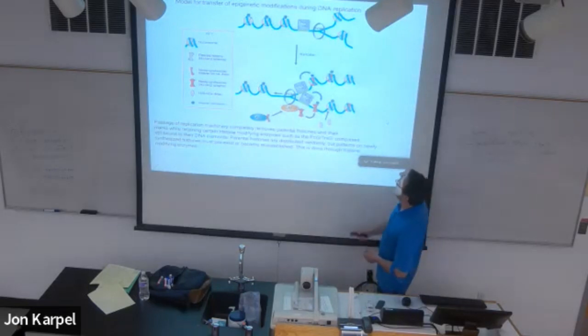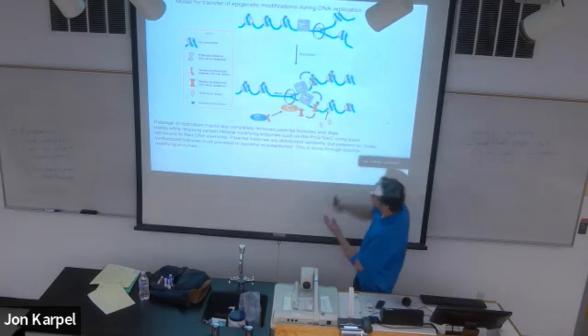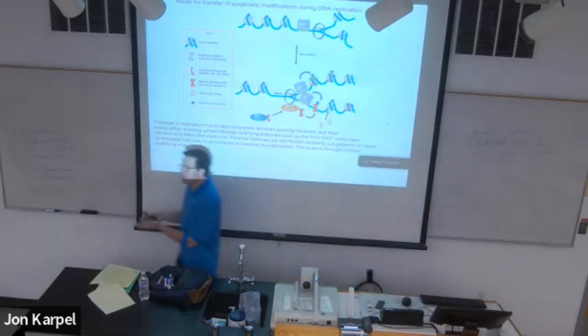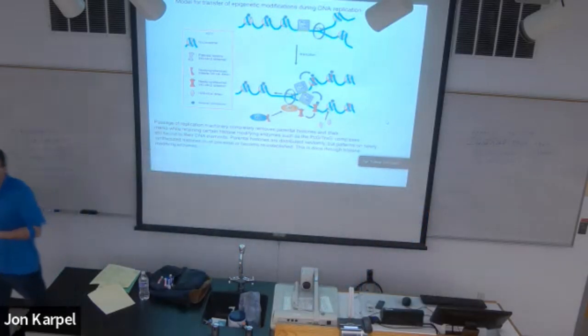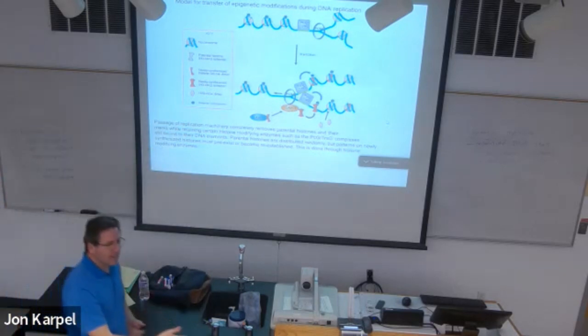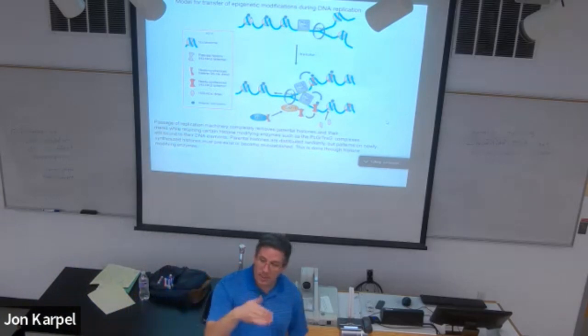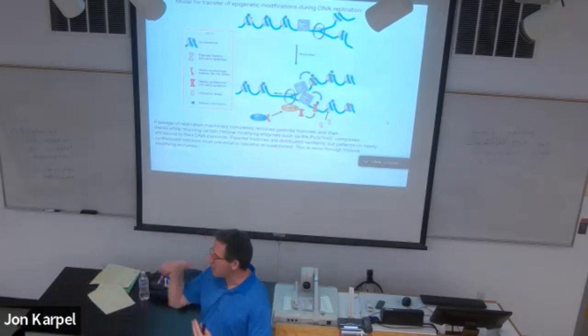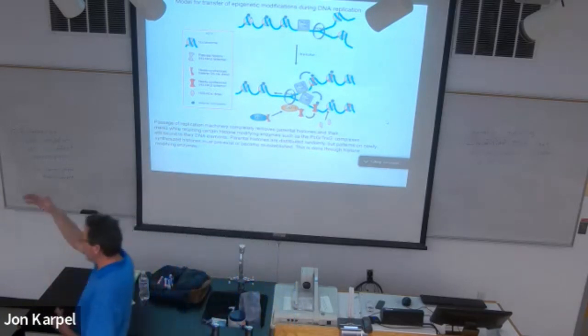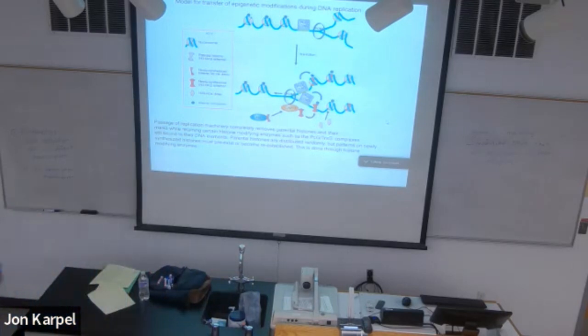And here's the idea. The idea is maybe you have methylation patterns on the parental DNA. What you're going to imagine is we have proteins again, so like the HATs and the HDACs. We have methylases, methylation proteins that are going to change the methylation patterns as you go through the replication process.